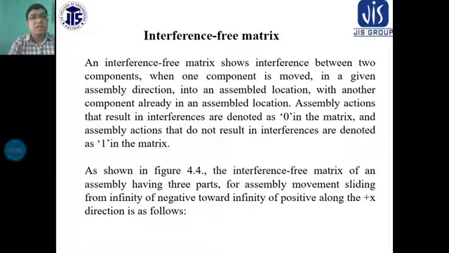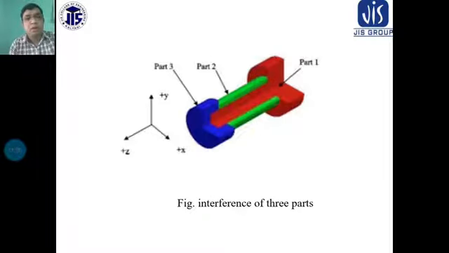The assembly actions that result in interference are denoted as zero in the matrix, and the assembly actions that do not result in interference are denoted as one in the matrix. Basically, this type of figure is considered for three components: part 1, part 2 and part 3.